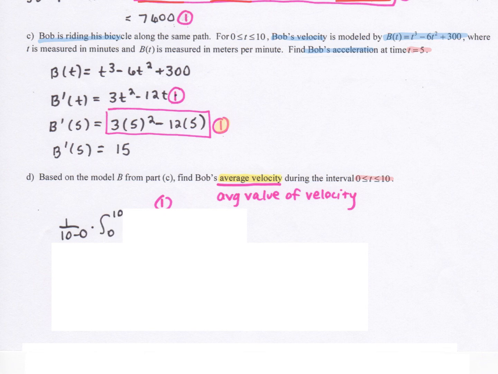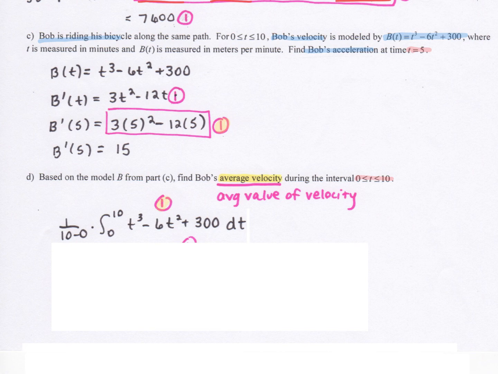If I'm doing average value of velocity, what belongs in the integrand is Bob's velocity, so I write that there. You could write b of t here if you wanted to, but knowing that I have to do this antiderivative by hand, it helps me to have that function written here, but it's okay if you have b of t written there. That's going to earn you this point right here to have that correct average value set up.